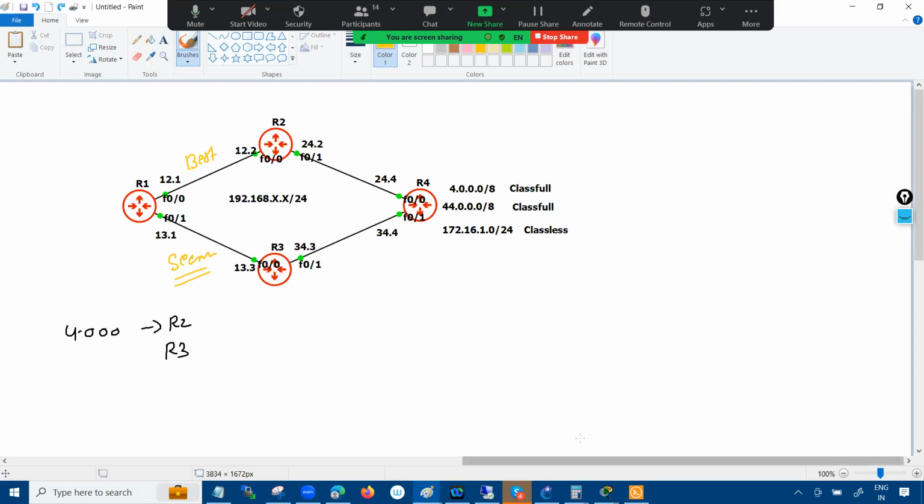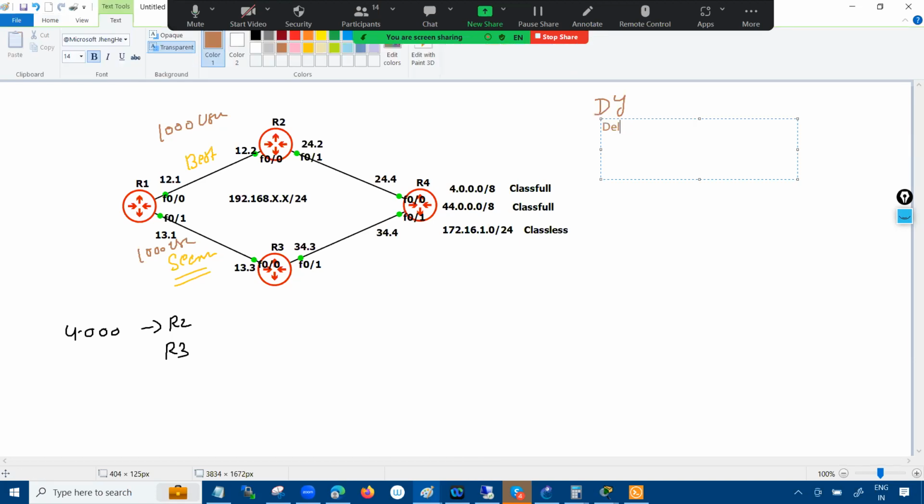So the default behavior: what is the delay right now? The delay is 1000 microseconds, and this one also has 1000 microseconds. What I told you is that you always configure the delay in seconds, and the Cisco CLI converts it into microseconds.